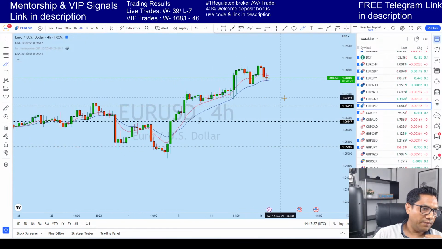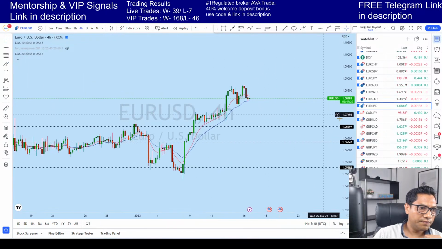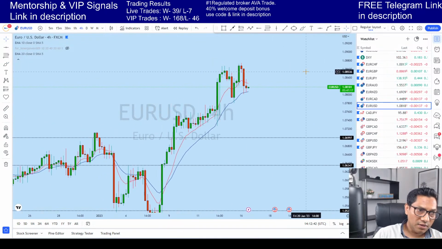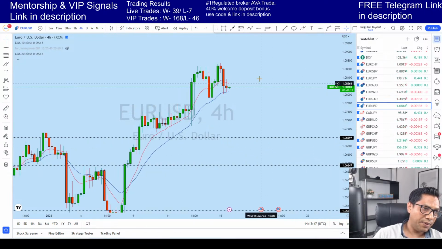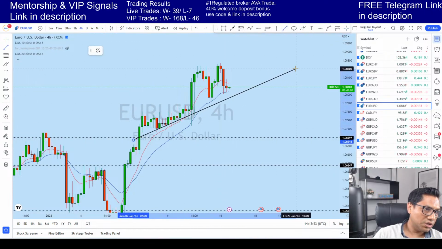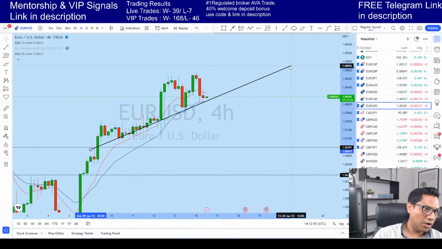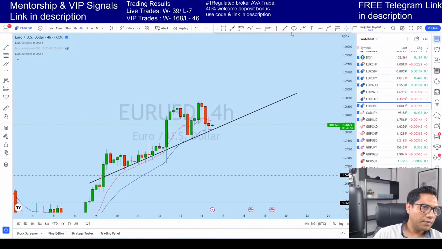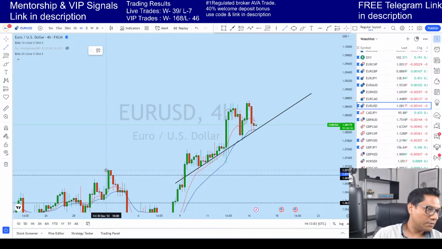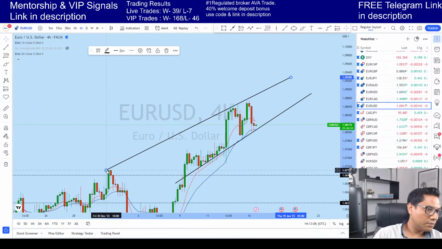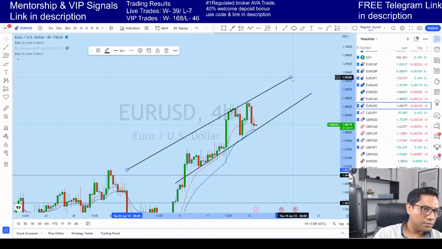If we combine all of them, we see that in fact euro dollar, now to sell, so far what we said is what could happen, not what is still happening. The market structure is still bullish. So to consider selling, we need to see that euro dollar in fact has broken structure.